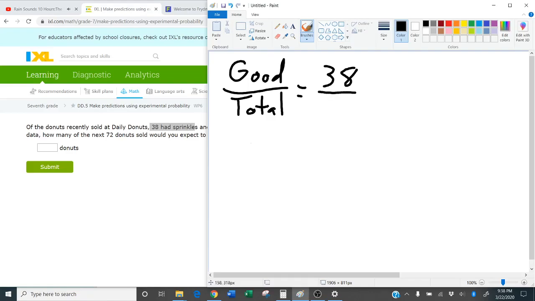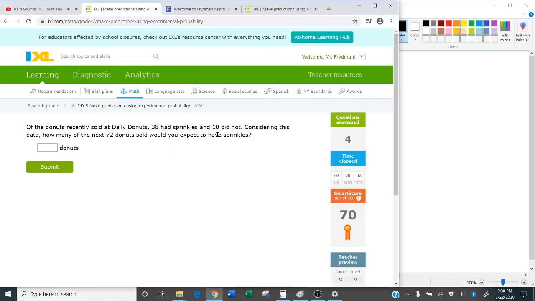And the denominator, should we add these two numbers up? Yes, we should. How do we know that? It's because this 10 is not included in this 38. These are 10 different kinds of donuts. These 10 donuts are donuts that do not have sprinkles.